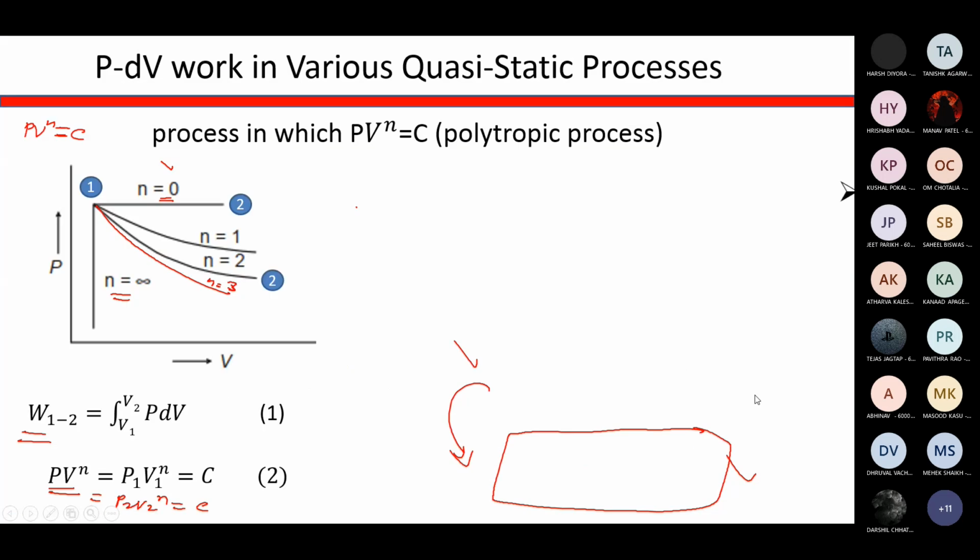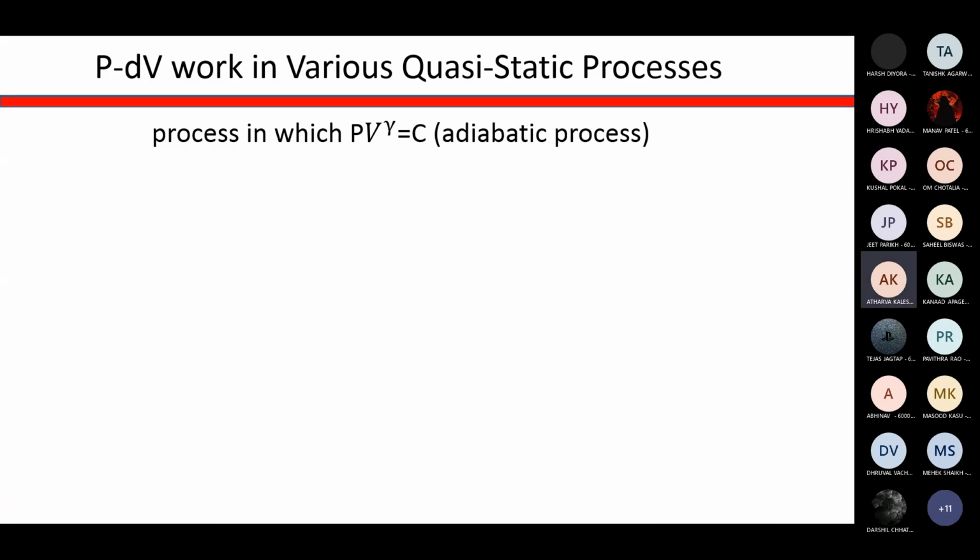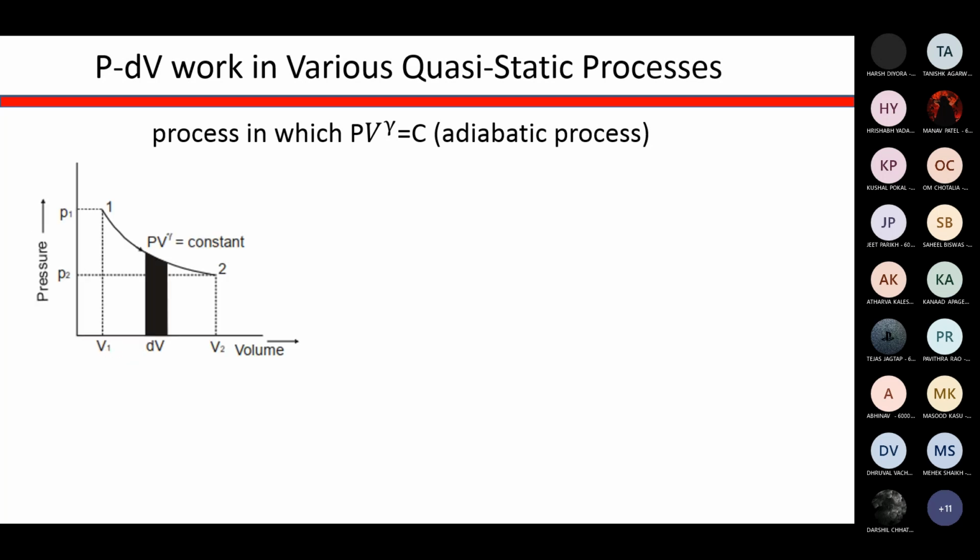Done? Now take down the next process. Next process is the adiabatic process. The law of the adiabatic process, I am using it as PV raised to gamma equal to constant. The symbol is gamma, this one.